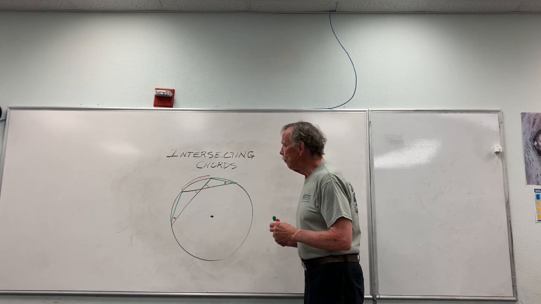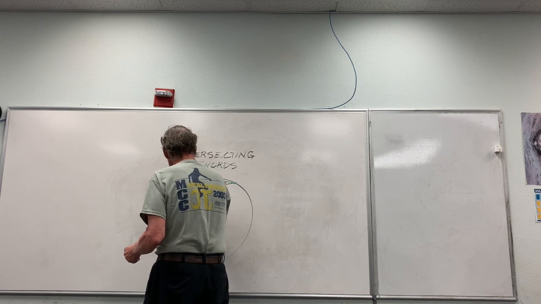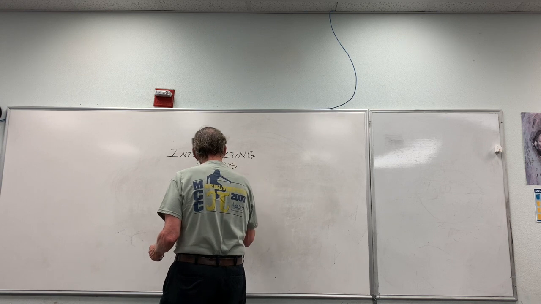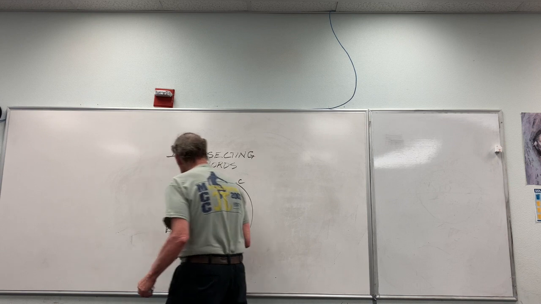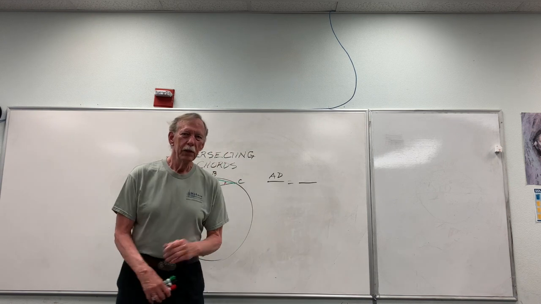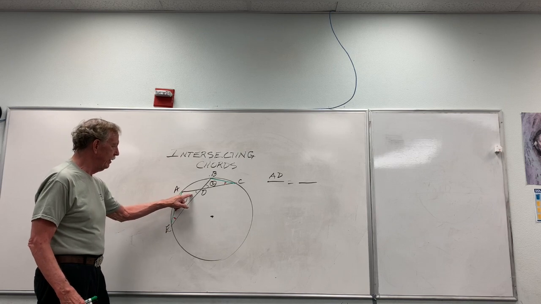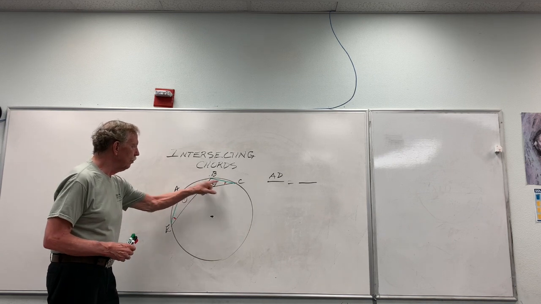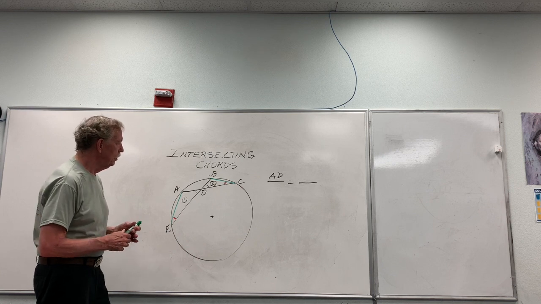So if we look at labeling this A, B, C, D, E. In triangle 1, let's look at piece AD. In triangle 2, over here, AD is going to correspond to BD.